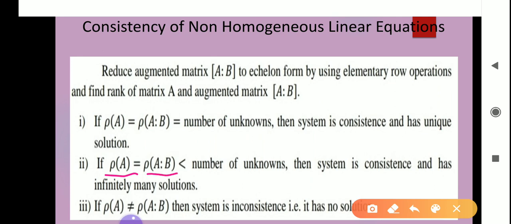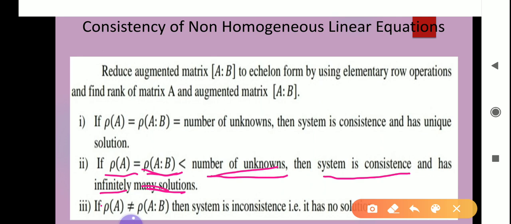Okay, so here rank of A equal to rank of AB means they are the same, so the system is consistent, but less than the number of unknowns. Suppose the number of unknowns is 3, and we get rank of A and rank of AB equal to 2, then rank of A and rank of AB are less than the number of unknowns. If this happens, then we can say that the system is consistent, because the rank is the same, and it has infinitely many solutions or an infinite number of solutions.